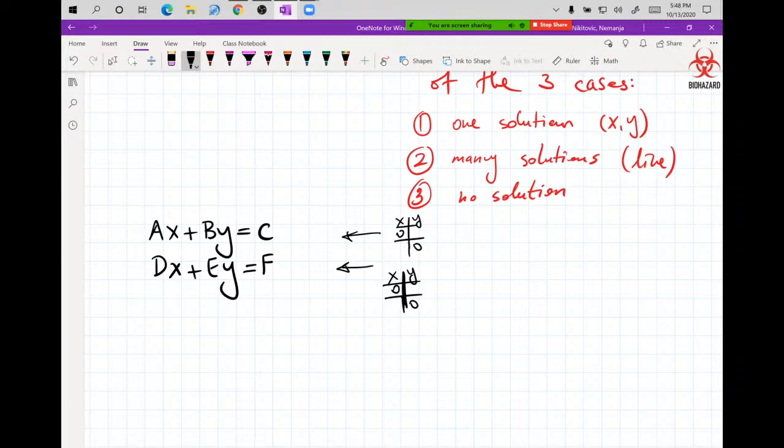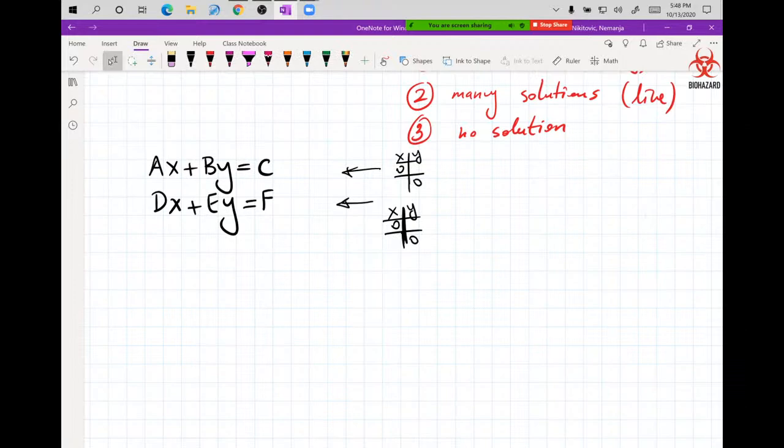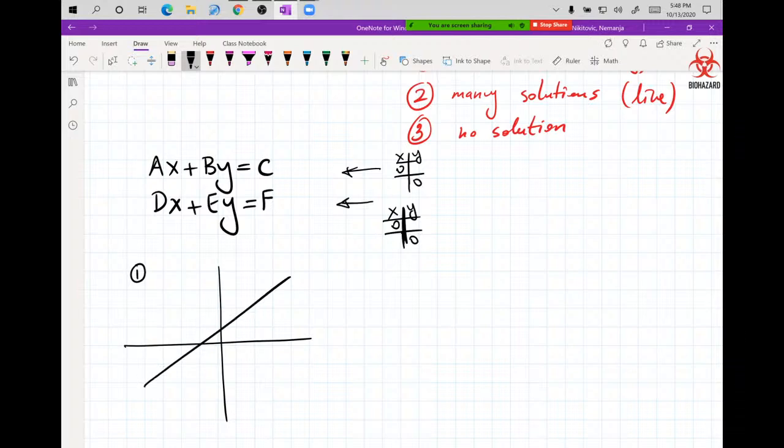So when you get there at the coordinate plane, those two lines can arrange themselves in one of the three cases. So when you graph the two lines, for case one, they can intersect.